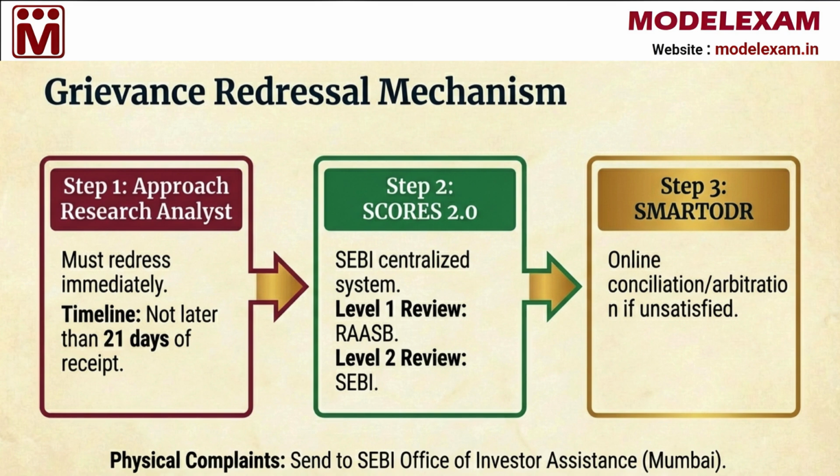This involves a review by the regulator. If you are still unsatisfied, step 3 is the Smart ODR system, which offers online conciliation and arbitration. For physical complaints, you can write to the SEBI Office of Investor Assistance in Mumbai.